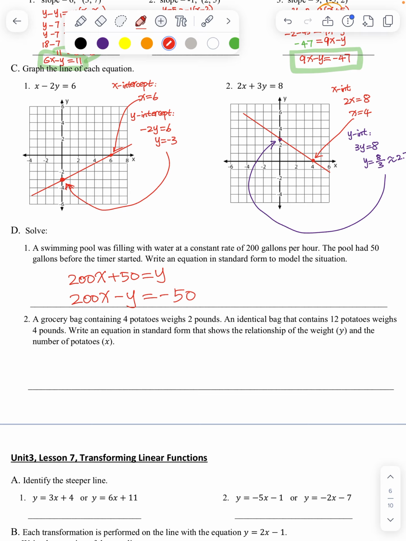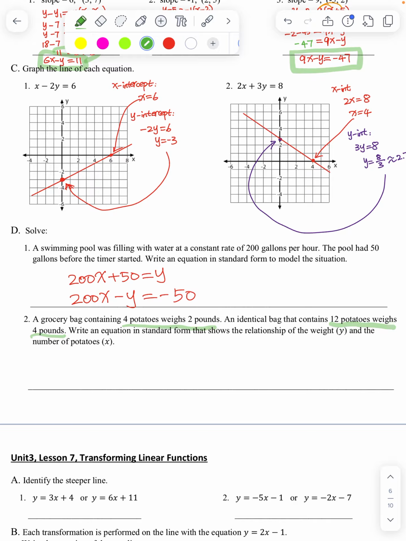Number 2, a grocery bag containing 4 potatoes weighs 2 pounds. An identical bag that contains 12 potatoes weighs 4 pounds.